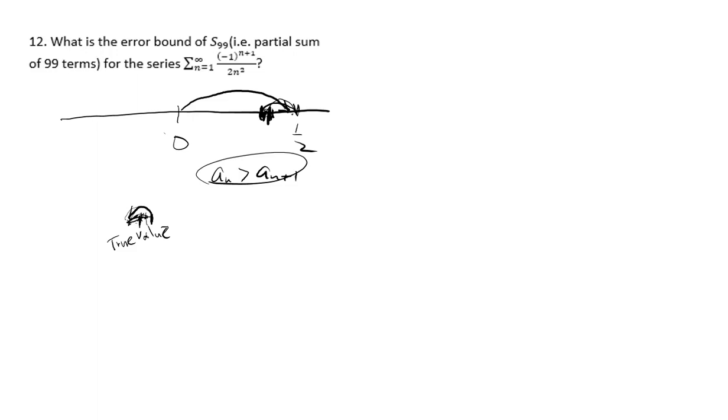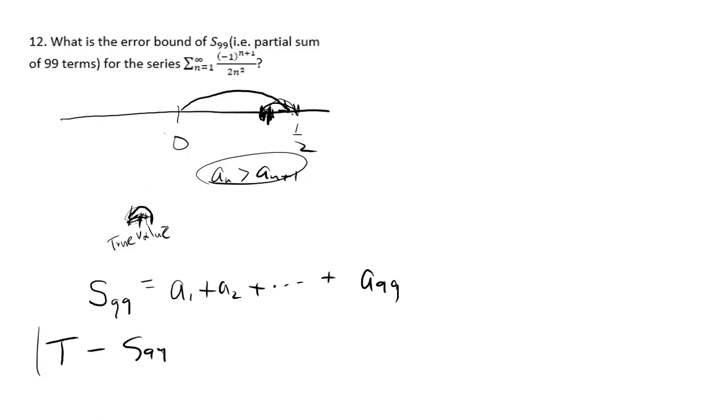If I have S_99, which means a_1 plus a_2 plus all the way up to a_99, the difference between this and the true value T would be less than the next one, a_100.